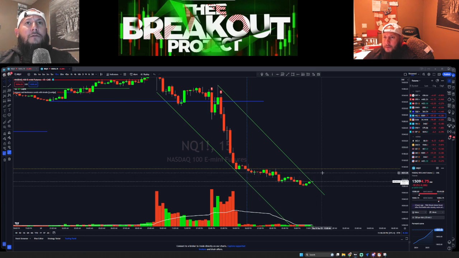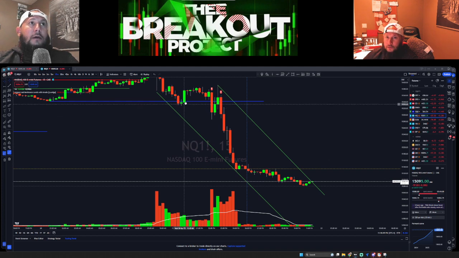If price breaks through here and then gets up to this level right here and starts showing signs of bullish candles, what I mean by a bullish candle, extremely bullish candle right here. This is a bullish candle per se. It has a big body on it, but it also has a pretty big wick on the top.